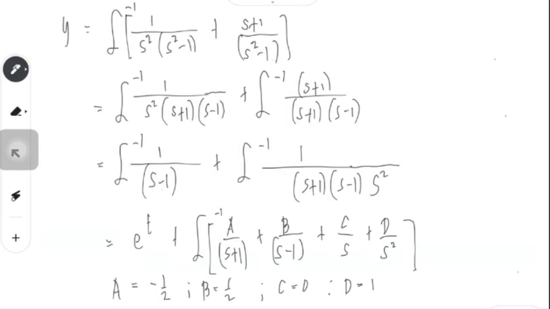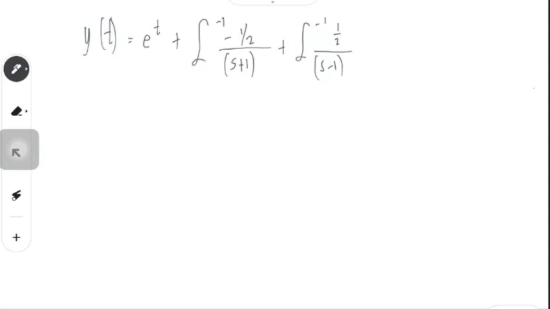Then your C is 0. Then your D is equal to 1. Okay? Integrable na yan. Pwede ba nating i-combine yung A and B?